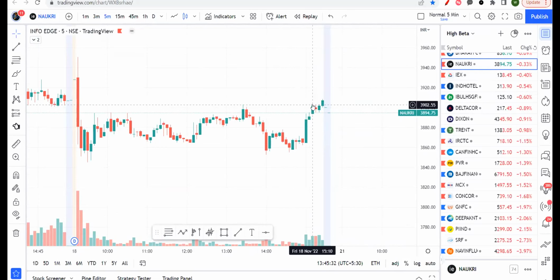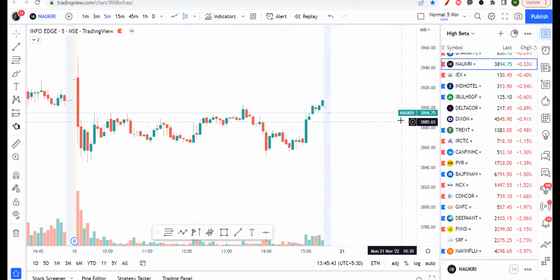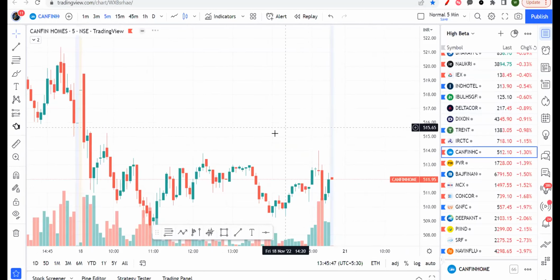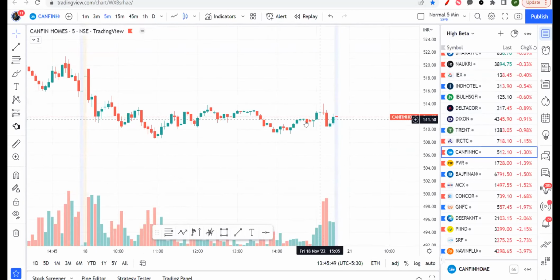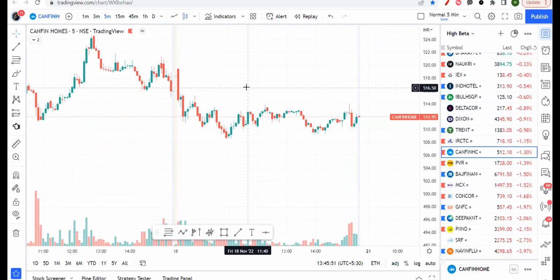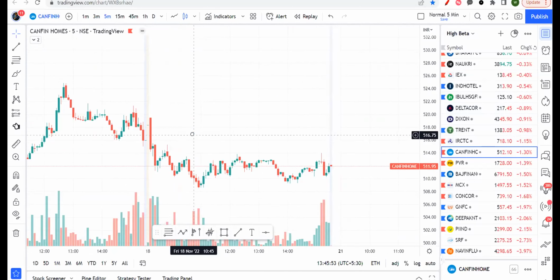You can either go with 3,900, because that will be OTM and a round number, or if you feel that expiry is very near and you have to be conservative, you go with 3,800. Like that only. Suppose CNX Finance, you go for the strike of 510 or 500, 520, like that. Whenever you go to round number options, you will not face the problems of liquidity.